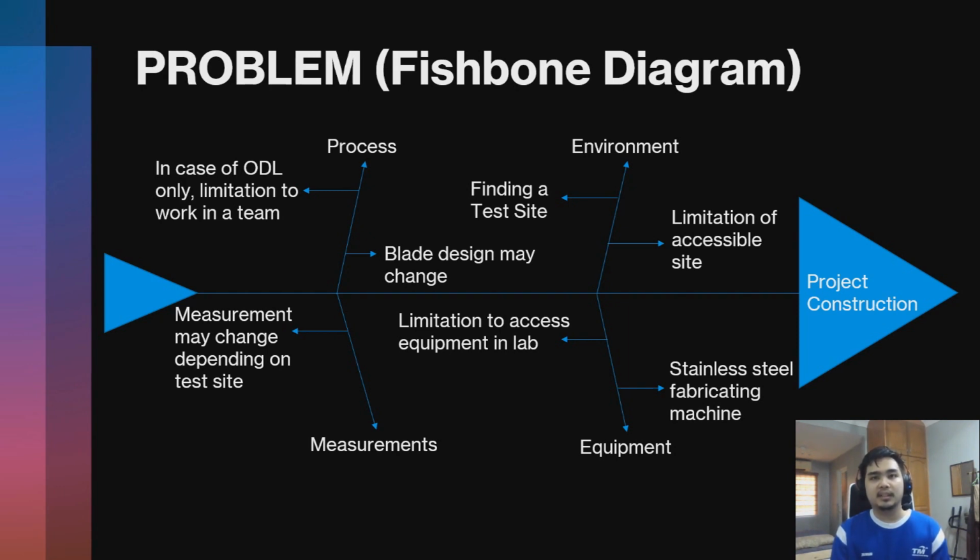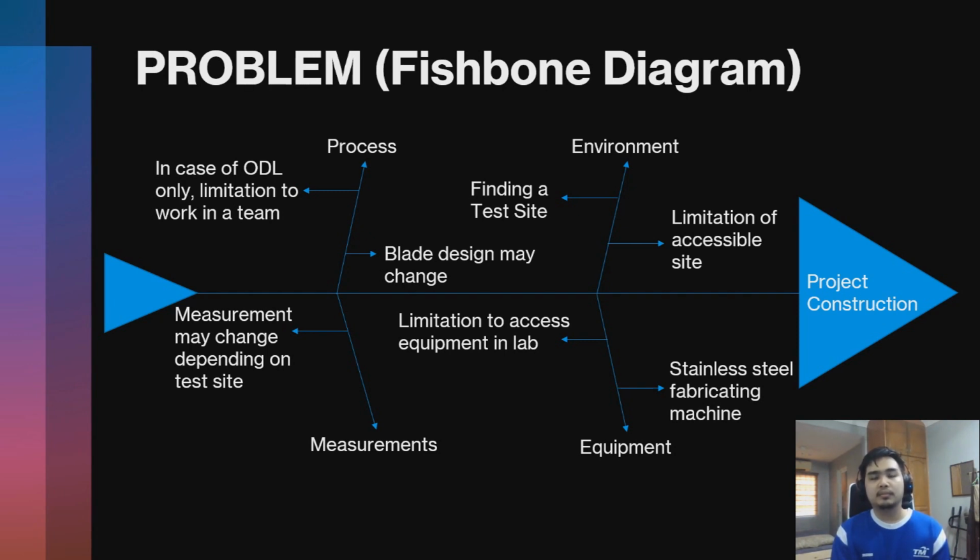The next one is the process of our project construction. In case we have to do ODL only and are not able to go back to EMP, we may have a limitation to work as a team, as all of us are living far away from each other, and we may have a problem even constructing the project itself.